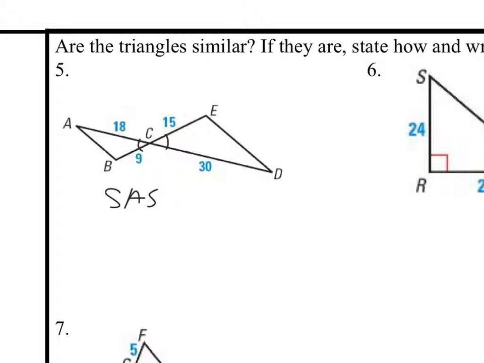Your similarity statement, if I do triangle ABC, which angle corresponds to A? D. And then B corresponds to E. Then you have C. Please pay attention to the order of your letters. It does matter.